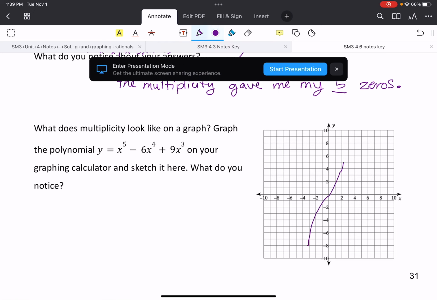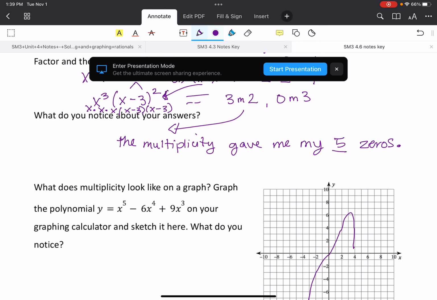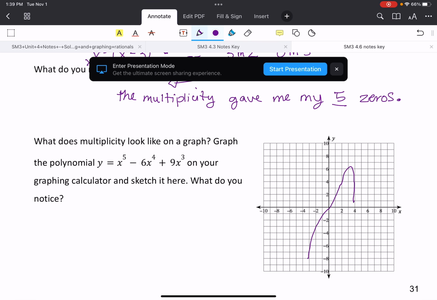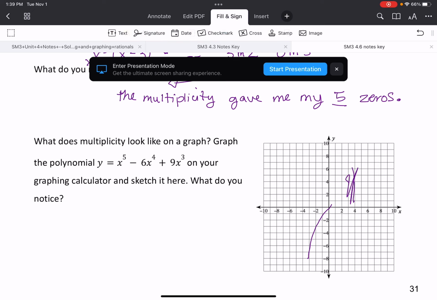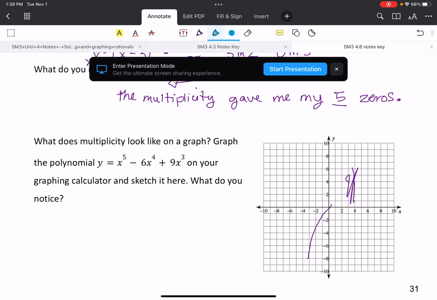Okay. Copy that on there. What is happening at x equals 0?